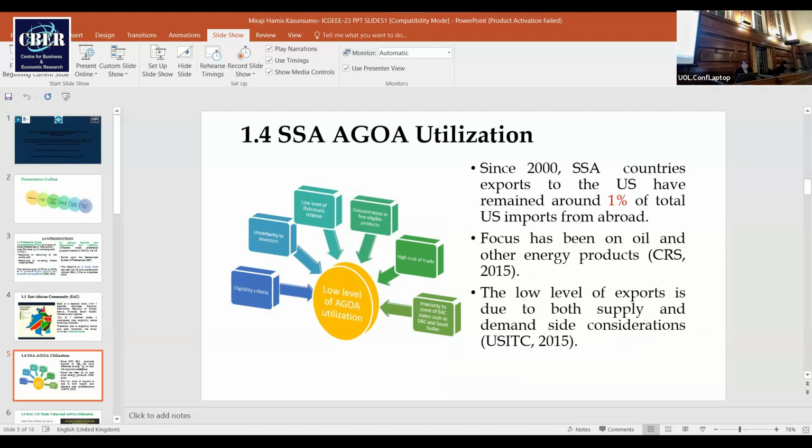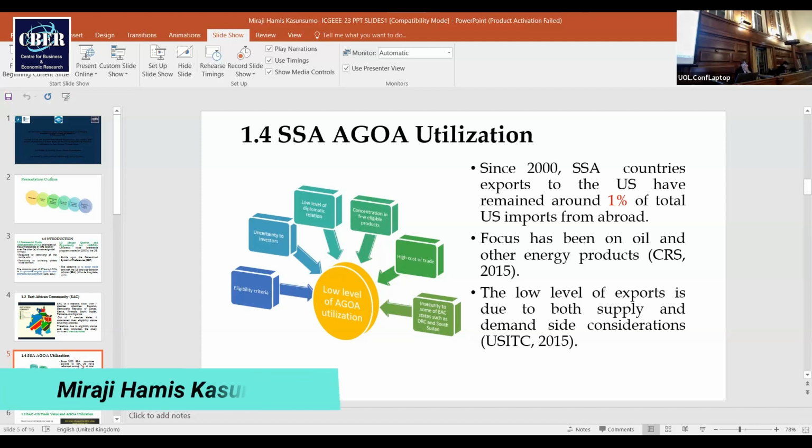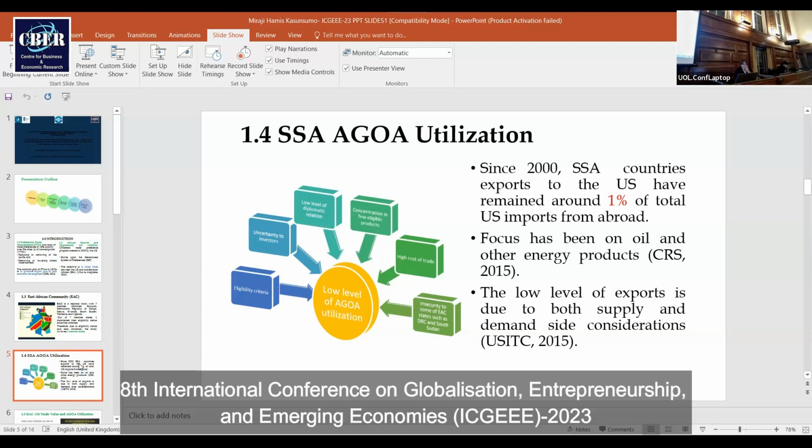The focus has been on oil and other energy products, which are natural resources. Not all sub-Saharan African countries are endowed with oil and gas, so only a few are the ones that benefited by exporting to the USA.